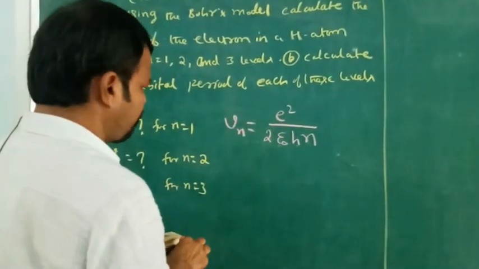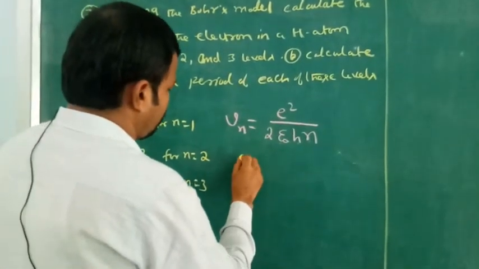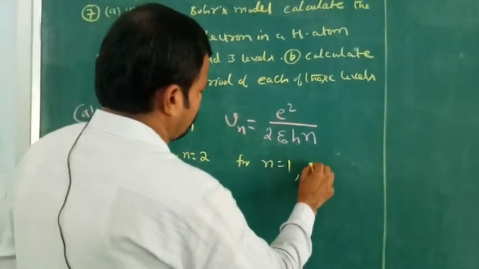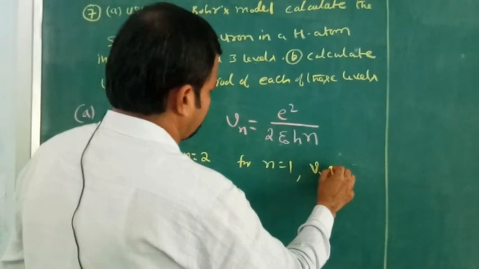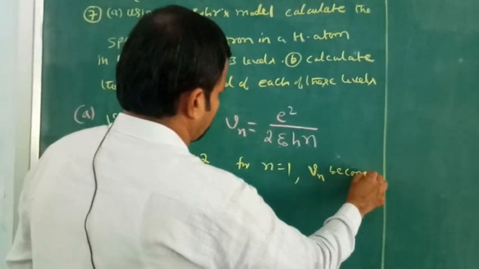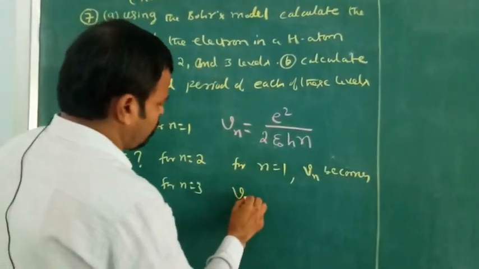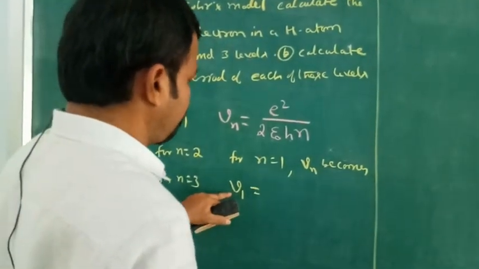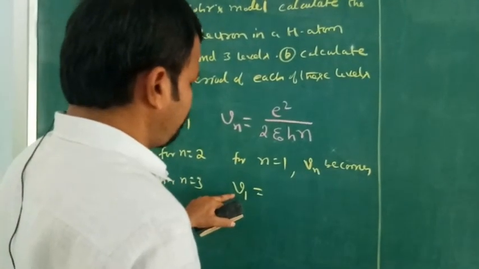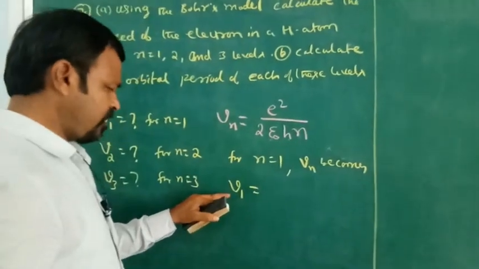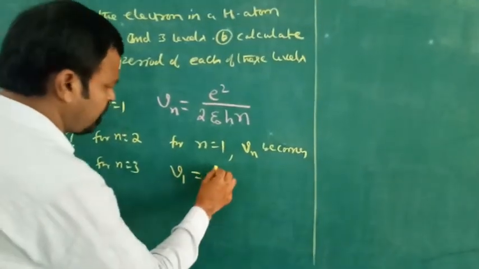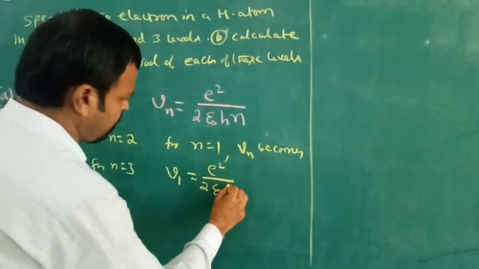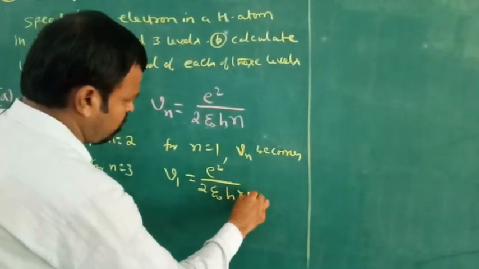We can get, for n is equal to 1, Vn becomes V1, which means the velocity of an electron revolving in the first orbit of a hydrogen atom. So here e square divided by 2 epsilon naught h into 1.